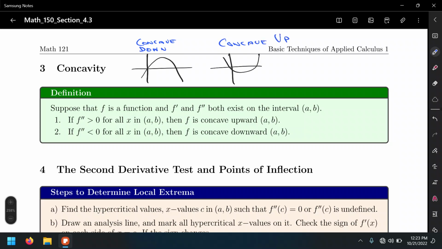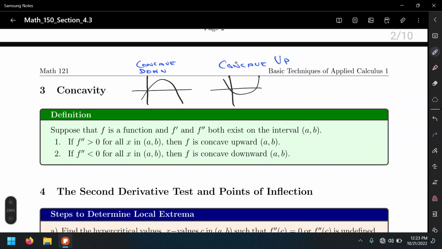As a shorthand rule to distinguish between the two, you can abbreviate concave up and just write cup. This looks like a cup, right? Cups are concave up. That's one way to distinguish between concave up and concave down.